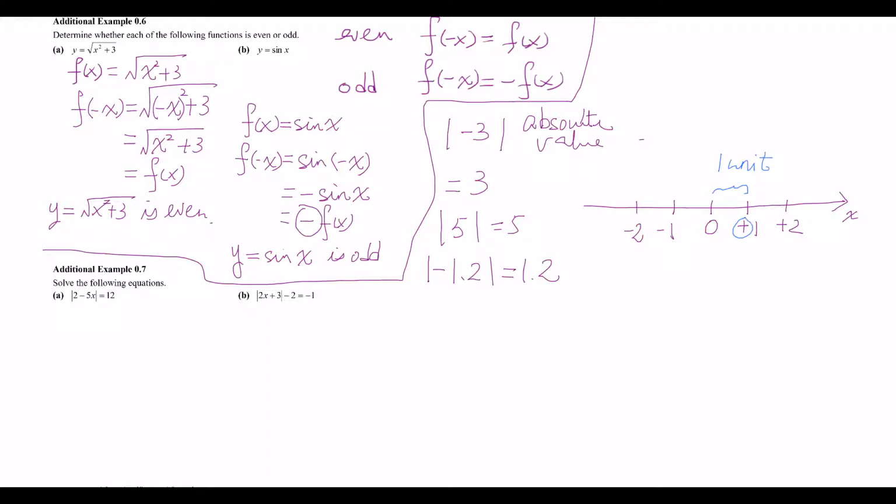And this positive in some sense means the direction. It is on the right. Similarly, if we talk about negative 1, the distance between minus 1 and 0 is still 1 unit. But this negative represents the direction, because it is on the left of 0.